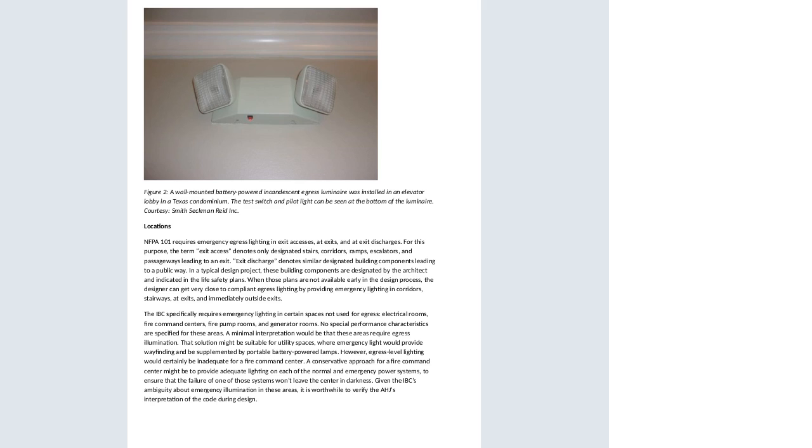Exit discharge denotes similar designated building components leading to a public way. So in a typical design project, these building components are designated by the architect and indicated in the life safety plans. When those plans are not available early in the design process, the designer can get very close to compliant egress lighting by providing emergency lighting in the corridors and stairways.